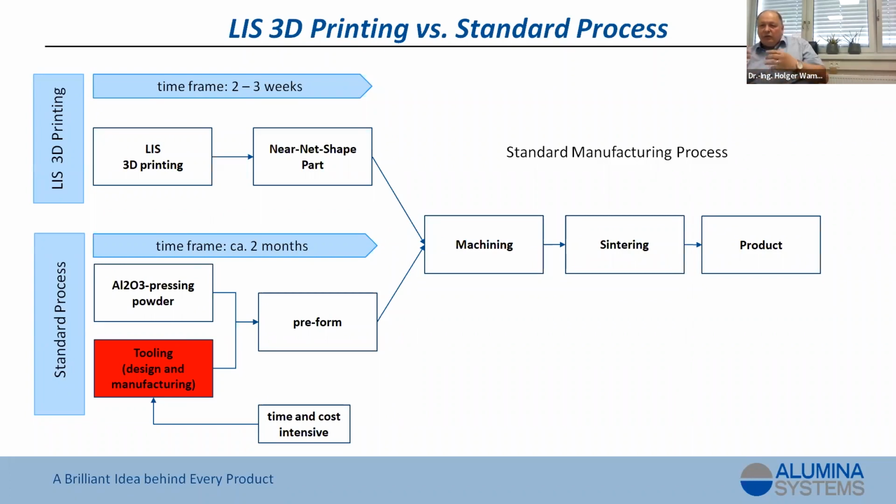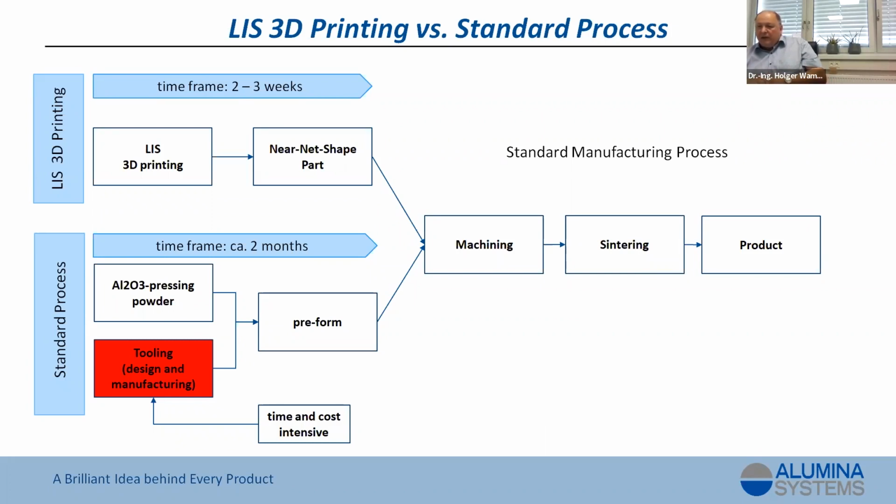If you add this to your standard process, if a customer comes and says, okay, I want to have 4 bigger parts, and this can happen, it is more than normal, then we have to say, okay, we have no pressing form for that. We have to offer him a tooling, and the tooling leads to a delivery time of 8 weeks and costs for the tooling of around, let me say, 4,000 euros.